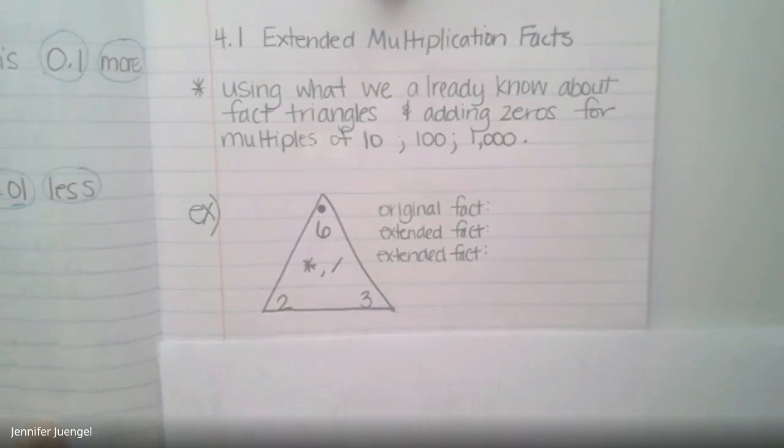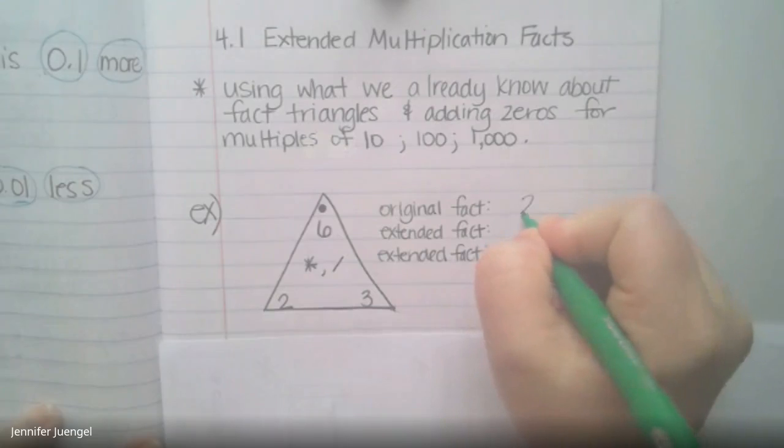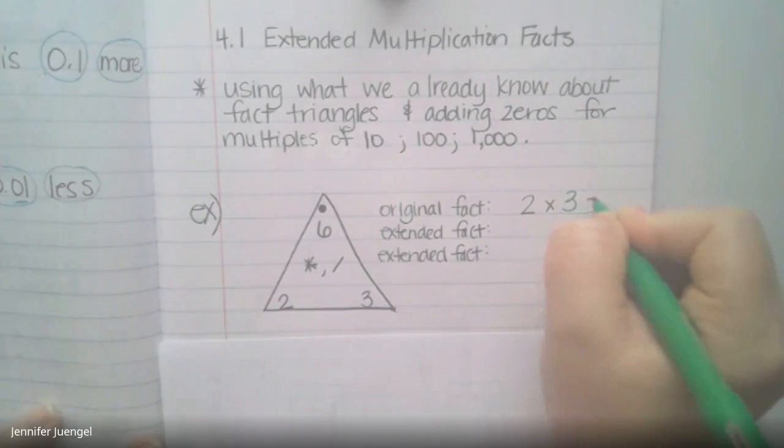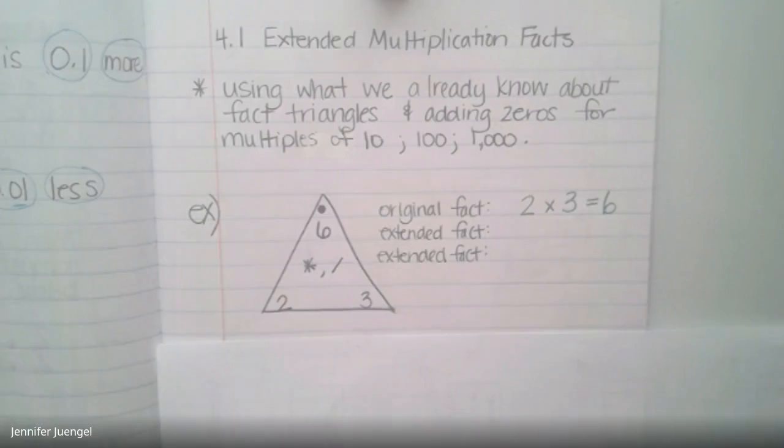So in this particular problem, the original fact started out as 2 times 3 equals 6. That's the original basic fact. We know that we can now extend our knowledge of this problem, and we can write it in an even more advanced way with multiples of 10 by simply adding zeros.